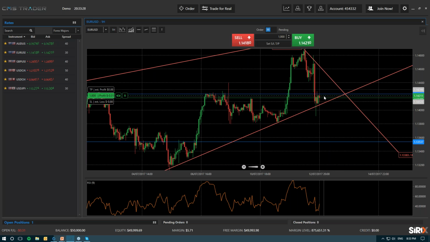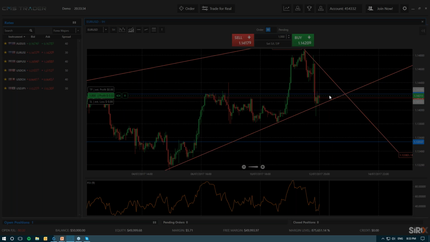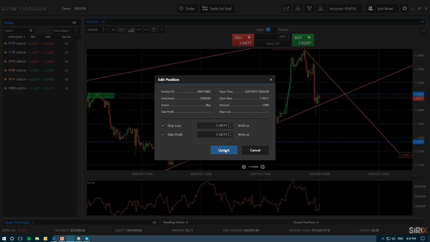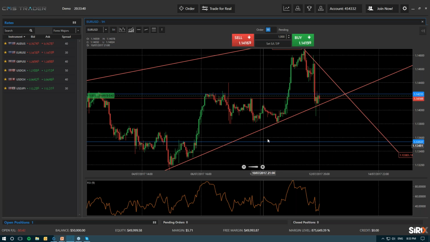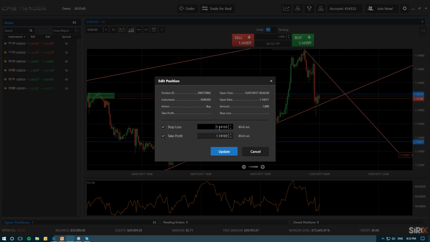So the way that I do that is, wait, hold on. There we go. So stop loss, take profit, update. Oh, sorry. So for the stop loss and take profit, we take the levels. My stop loss right now would be underneath the resistance and underneath the trend line, so roughly over here.